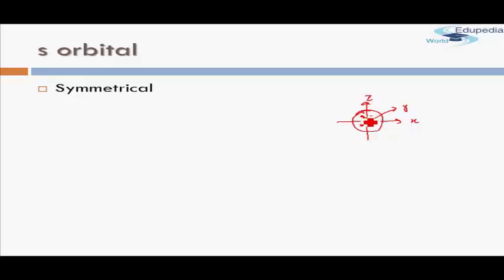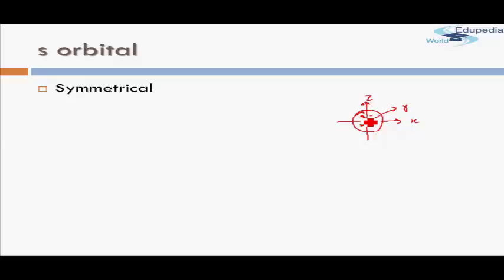You must understand that all these orbitals are not like solid shapes. They are not like solid walls in which the electron is contained. The orbital itself is made up of electron cloud density. So when we are talking about the shape of an orbital, we are actually talking about the shape of electron cloud density. So how is it that the s orbital has a spherical shape?